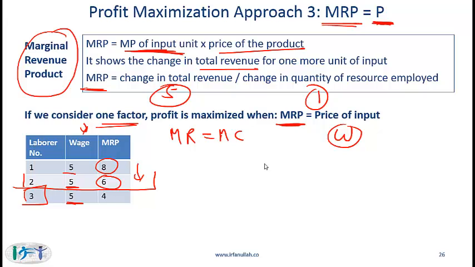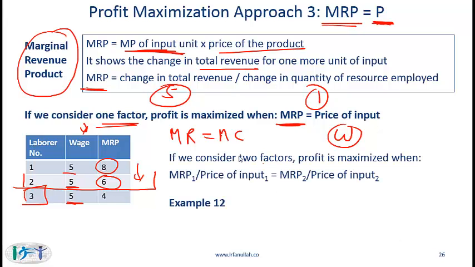If we consider two factors of production, both labor and capital, then profit is maximized when the marginal revenue product of labor divided by the price of labor is equal to the marginal revenue product of capital divided by the price of one unit of capital. Now, to understand this well, I want you to do example 12 from the curriculum. Again, this might sound a little confusing, but once you do the question, it is fairly intuitive.